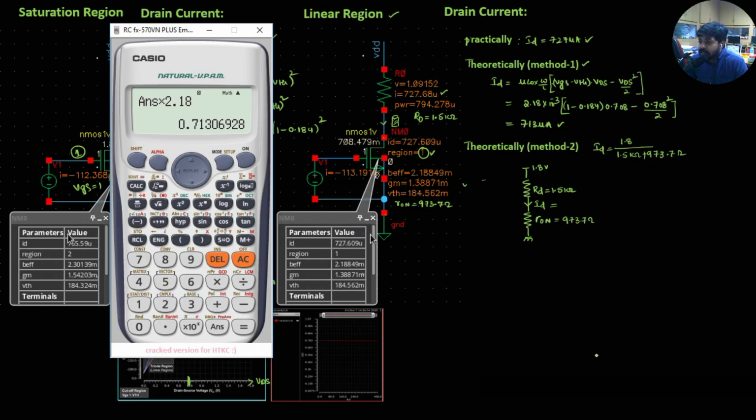So if I calculate that, I get around 1.8 divided by 1.5 kilo plus 973.